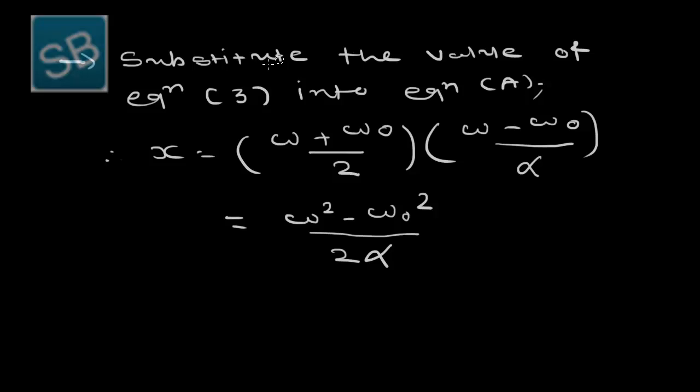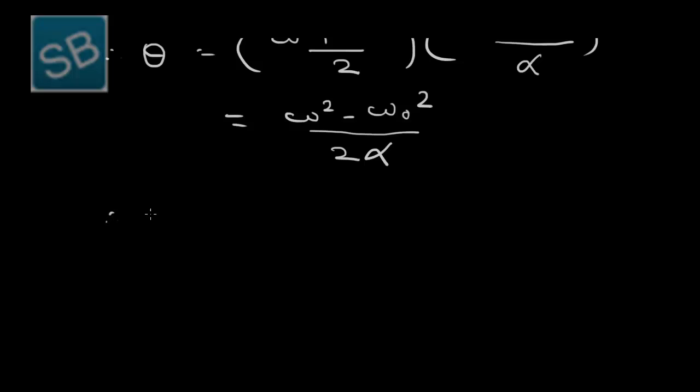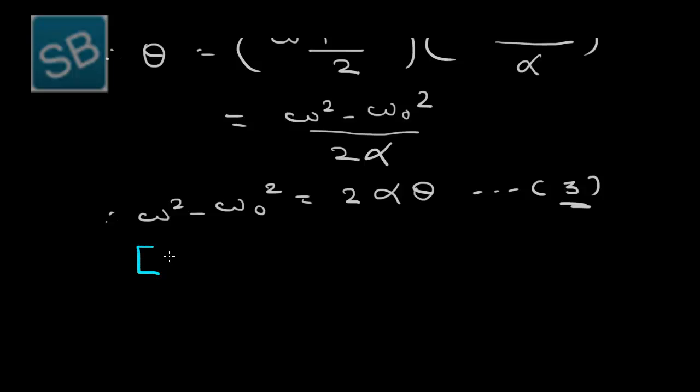Here there was not actually x, there was theta, because the displacement we have considered in terms of theta. So omega square minus omega 0 square equals 2 alpha theta, and that is your third equation for rotational motion, comparable to v square minus v0 square equals twice ad.